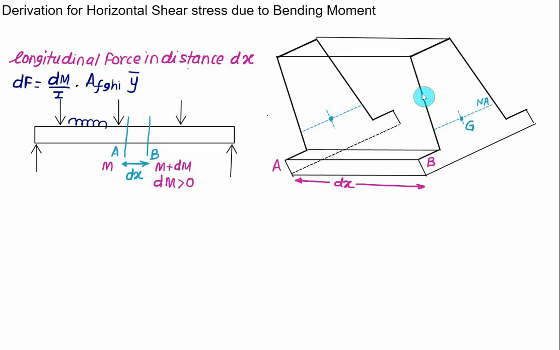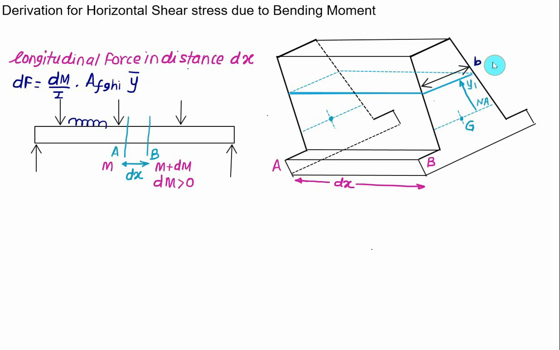Somewhere we have taken the plane at a distance equal to y1 from the neutral axis. So this one is a plane here, and this plane has a length equal to dx, and it has a width equal to b at a distance equal to y1. These points are the same as F, G, H, and I. The force F is acting parallel to this plane, so this one is our force equal to dF.